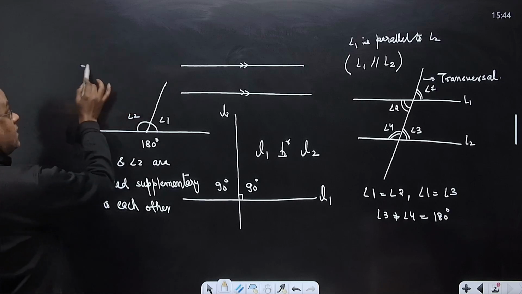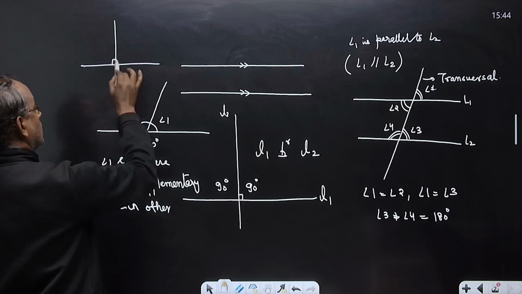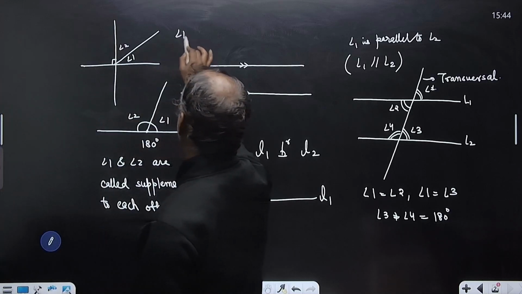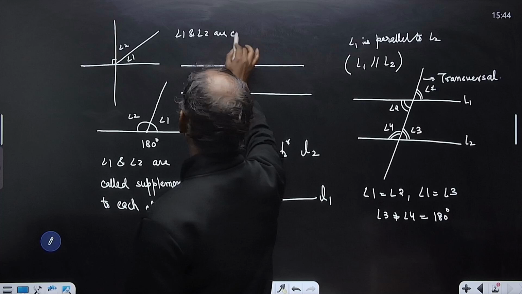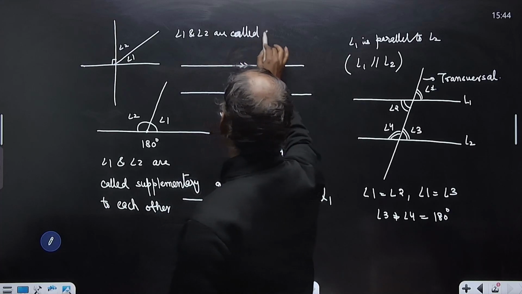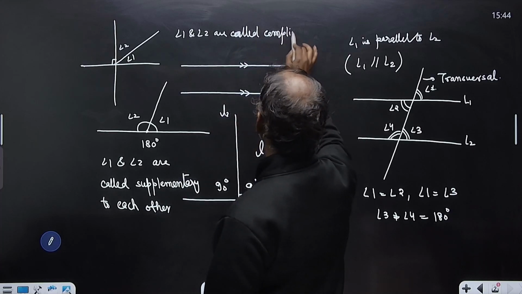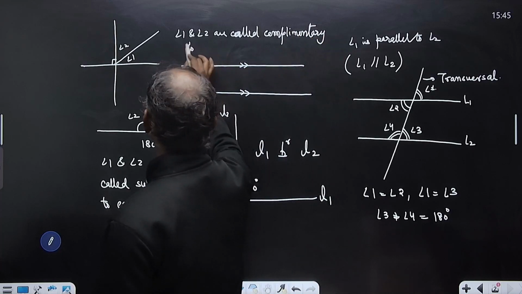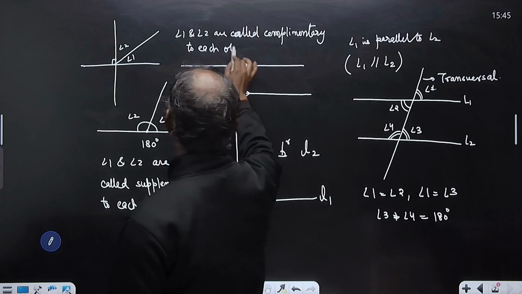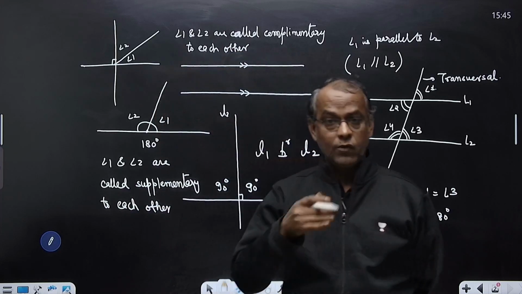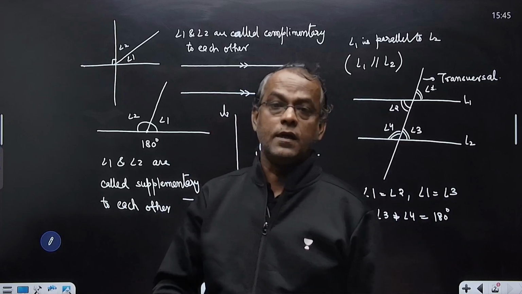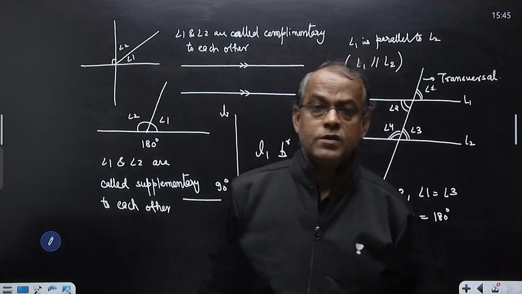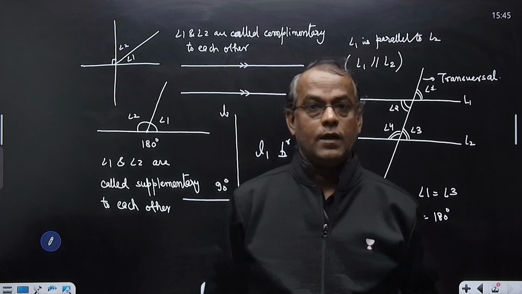For right angles we can say angle 1 and angle 2 are complementary to each other. The moment we say one angle is supplementary to the other, that means if one angle is x, the other is 180 degrees minus x. The moment we say one angle is complementary to the other, we mean that if one angle is x, the other angle is 90 degrees minus x.